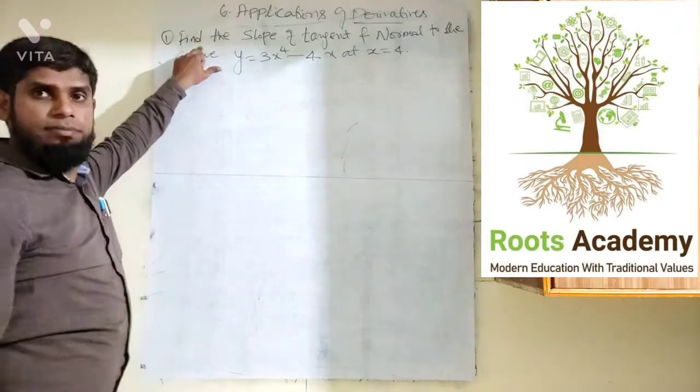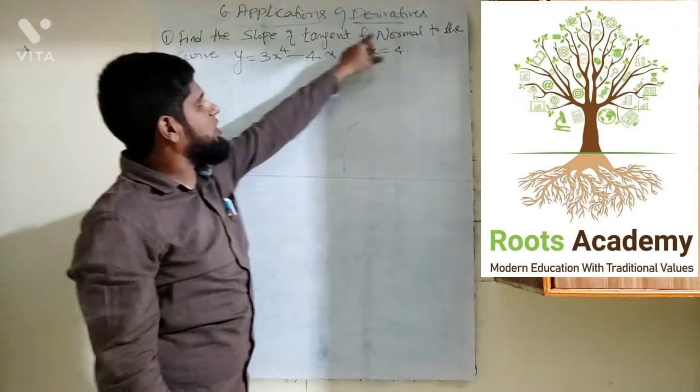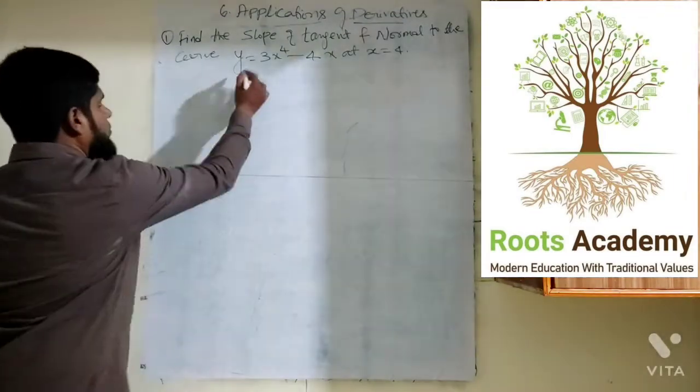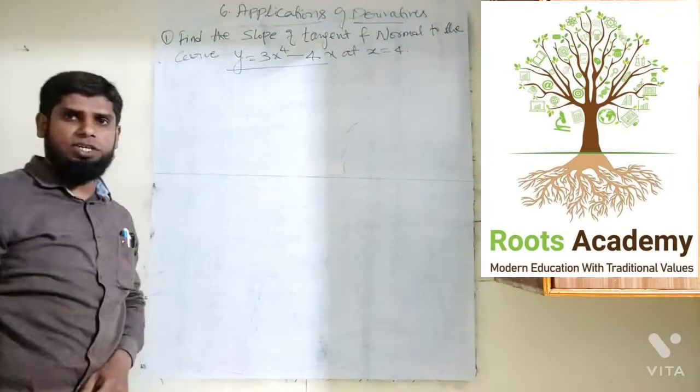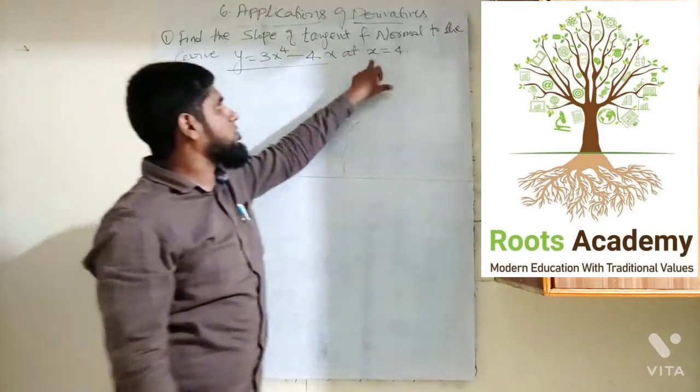Student, here we are asked to find the slope of tangent and normal to this curve, y is equal to 3x power 4 minus 4x at x is equal to 4.